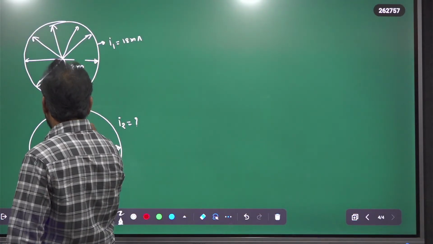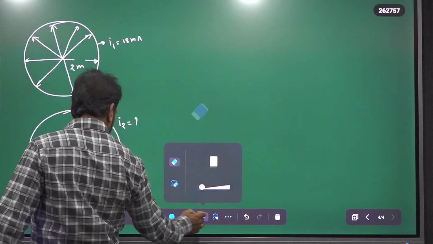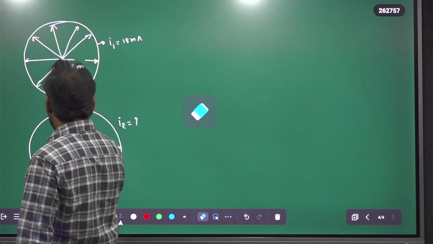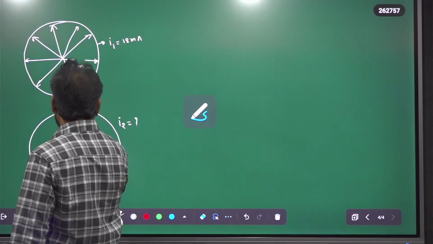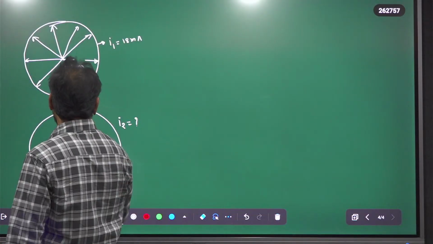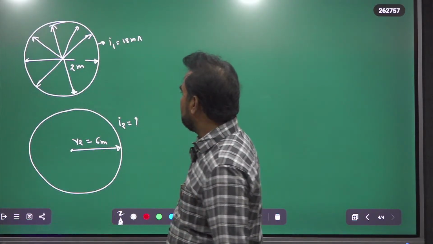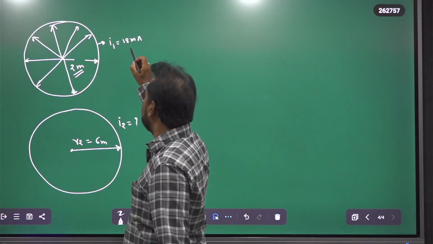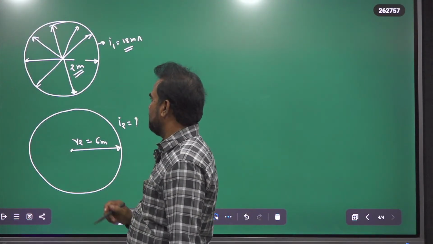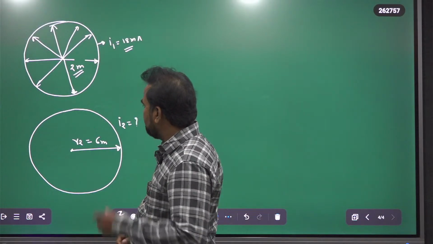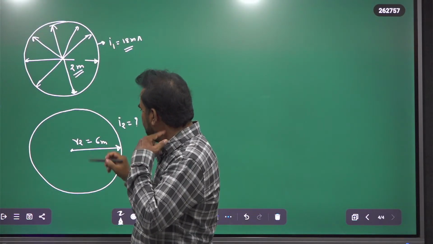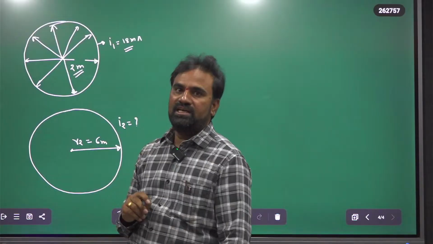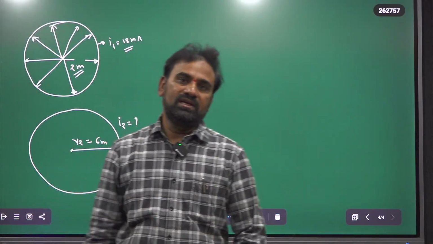This is a source, but its radius has to be increased to R2. A point source of 2 meters radius produces 18 milliamps current. If the radius is changed from 2 meters to 6 meters, how much current can it produce? That we have to calculate now.